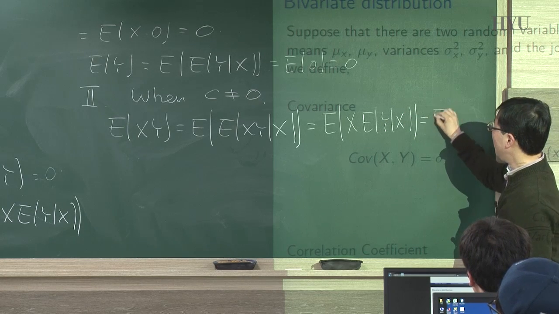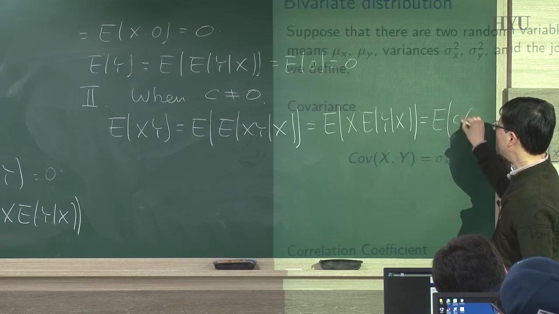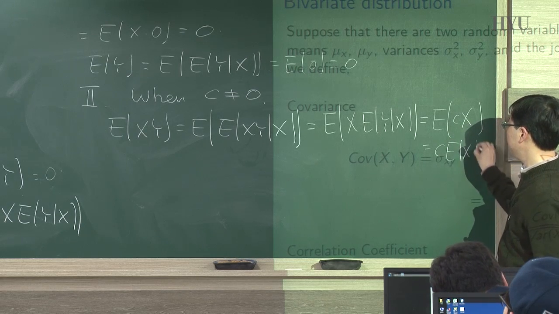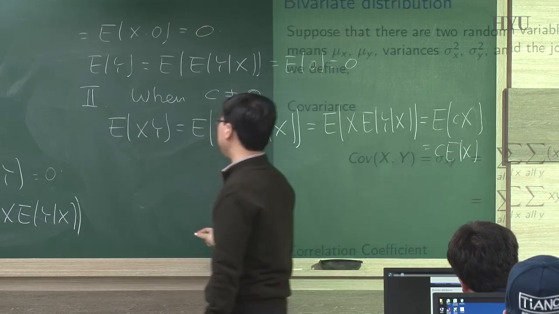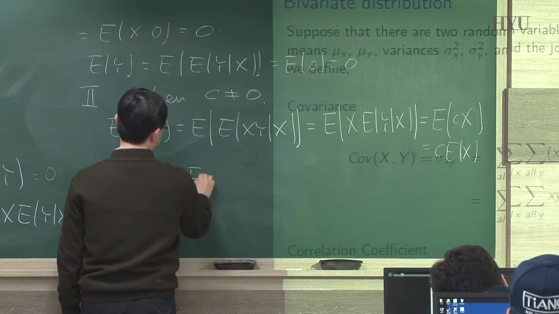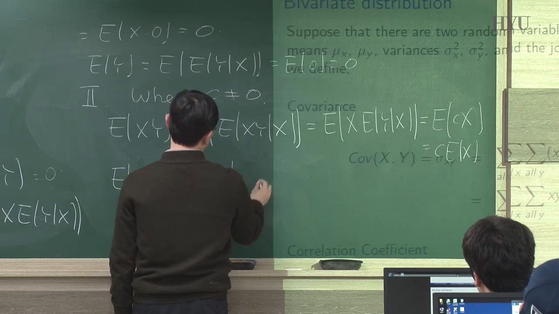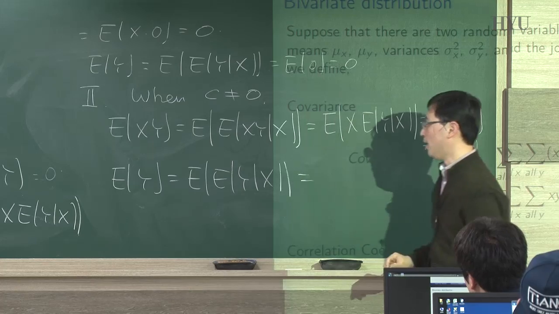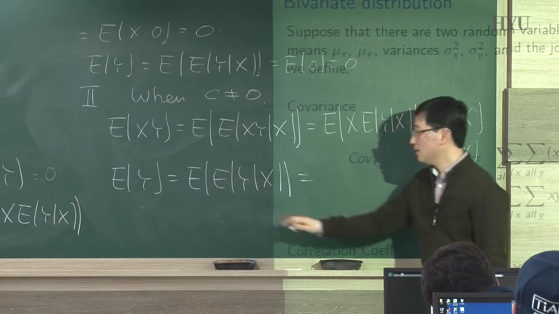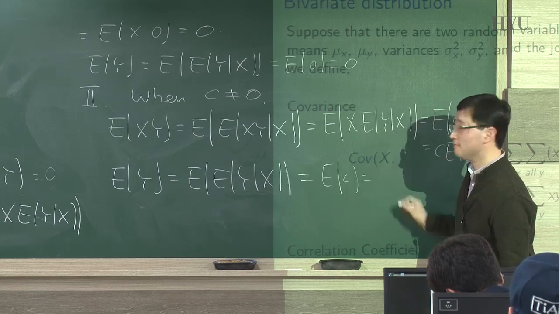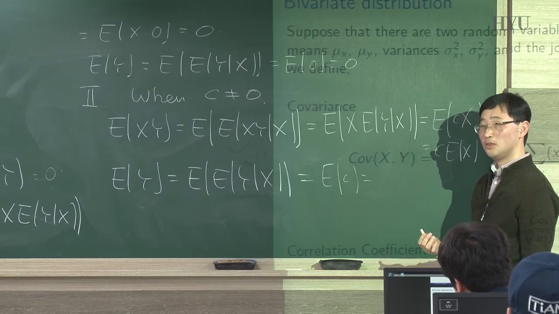So we have E of C times X, which is C times E of X. It's the mean of a constant.